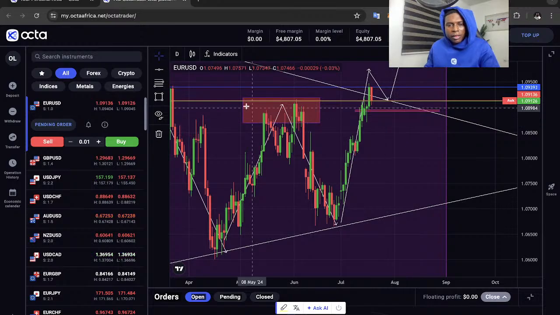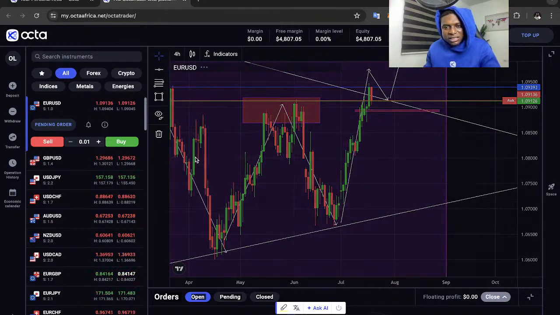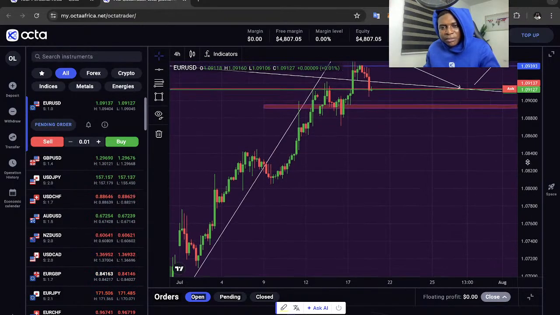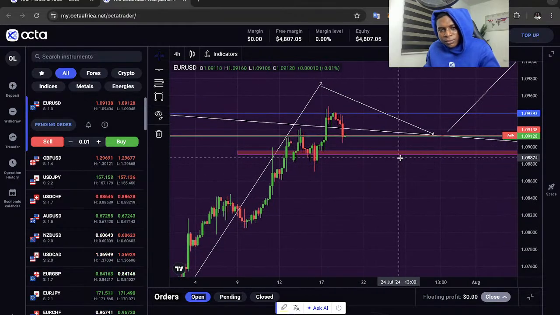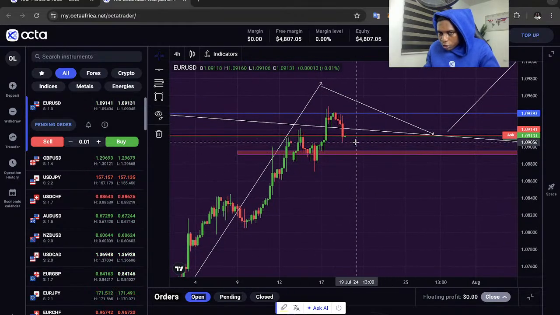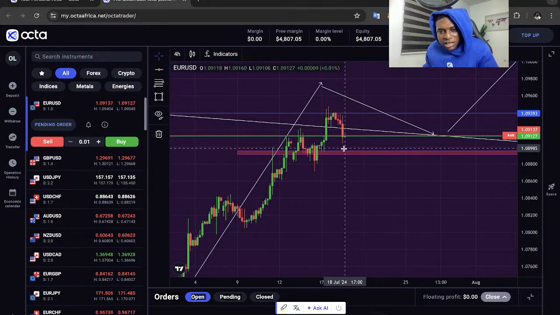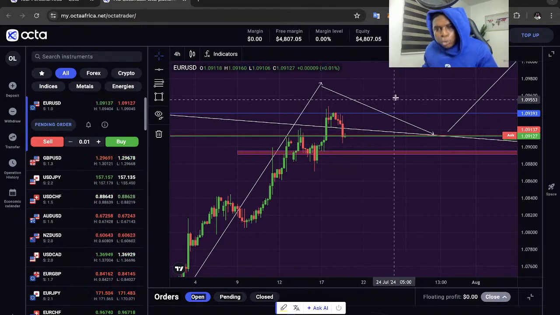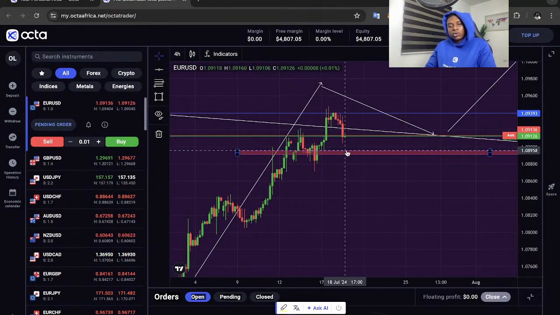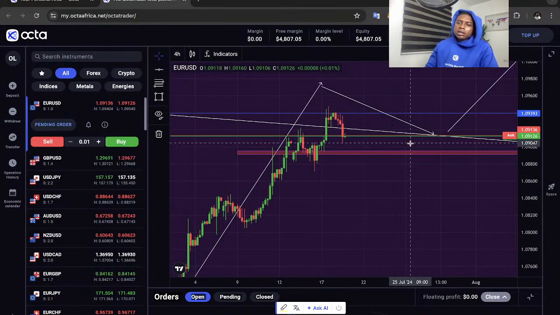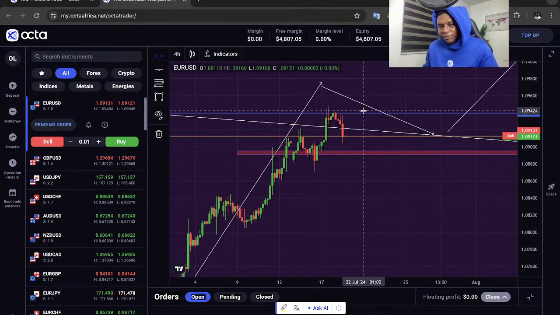Now let's go back to the 4 hours time frame. On the daily time frame, we've marked this level as a level to watch, because if price comes to this level and closes below it, then a sell signal is activated. But if price comes to this level and pushes back up without closing below it, then the buy signal is still very much activated.